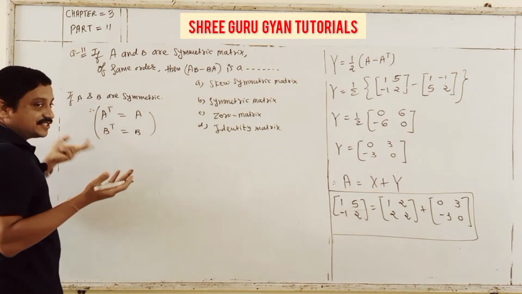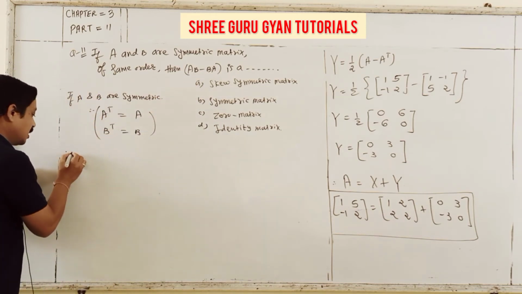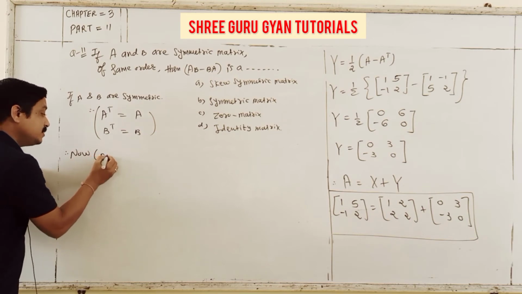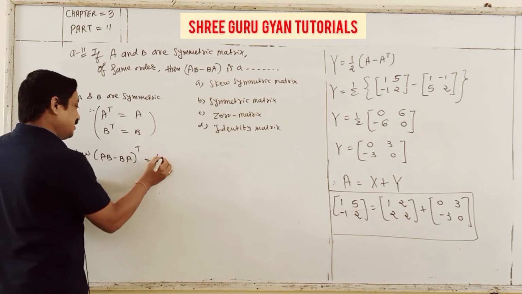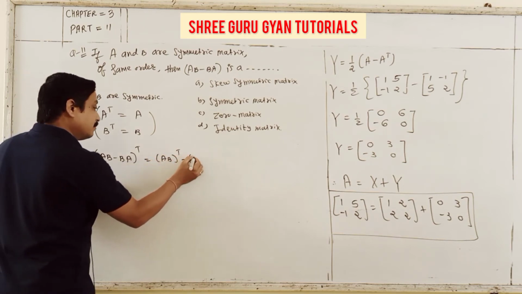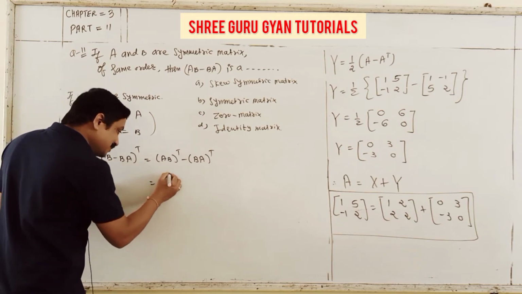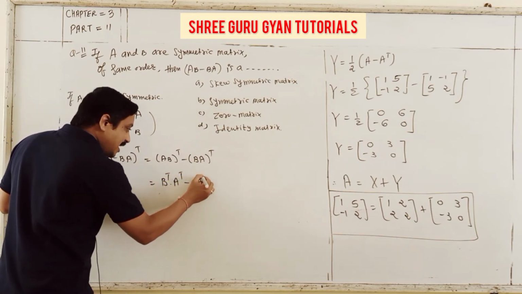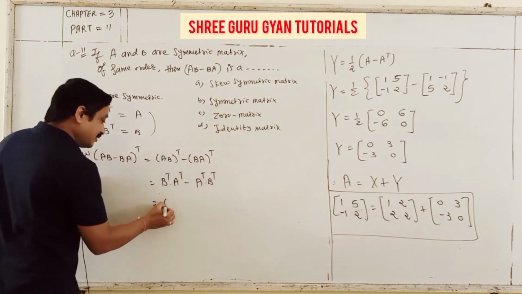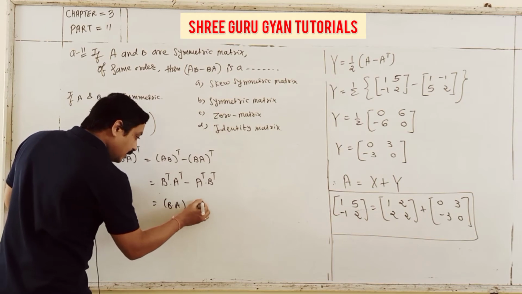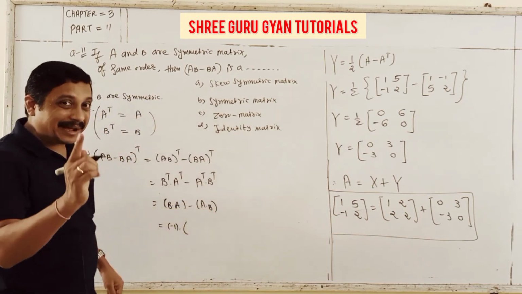That is the definition. Now I will check AB minus BA. So now AB minus BA, I will check in the transpose. So (AB minus BA) transpose, but that is the property: B transpose A transpose minus A transpose B transpose, and B transpose is B, A transpose is A, and you just subtract, taking minus 1 common.